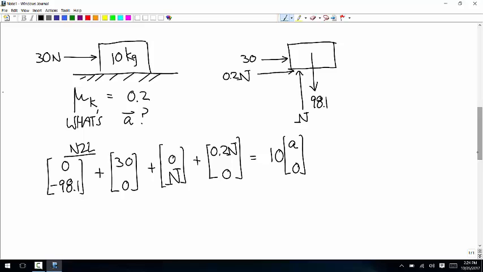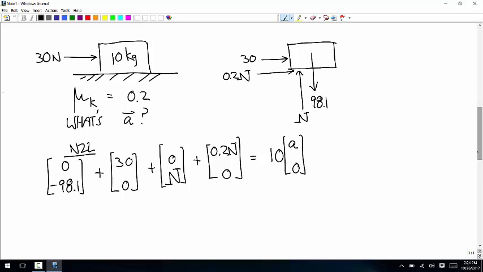Notice that one thing has changed. If you were doing a problem like this with no friction, you could just skip the y equation that says negative 98.1 plus N is equal to 0, because that doesn't give you anything that helps. But that changes now with friction, because we need to calculate N and plug it in here before we can calculate a.